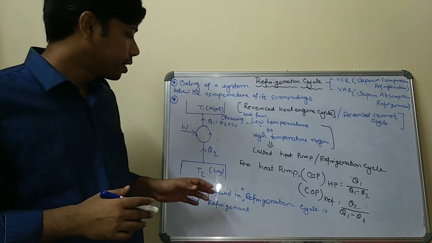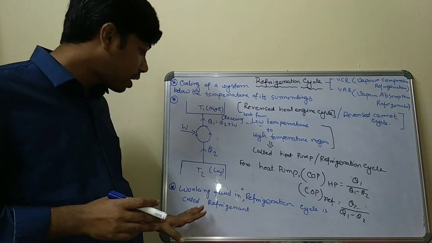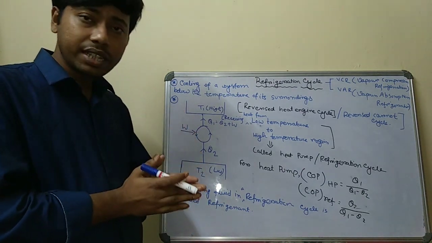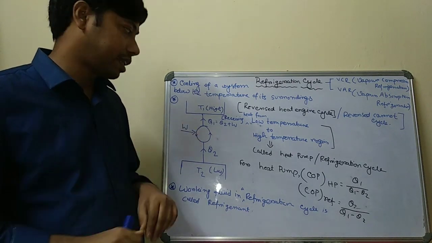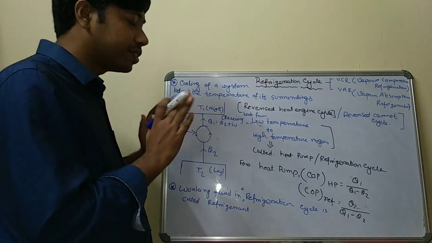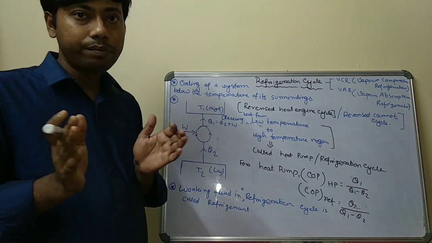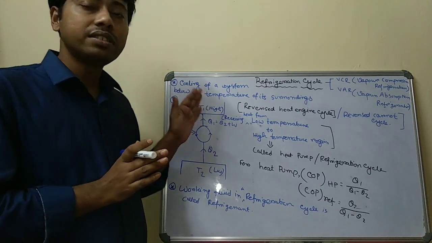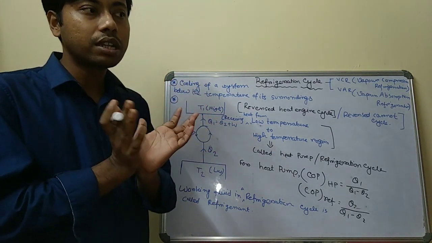Here, the refrigerant is basically the working fluid which works in the refrigeration cycle. Refrigeration is the cooling of a system below the temperature of its surroundings. It should be maintained below the temperature of the surroundings.